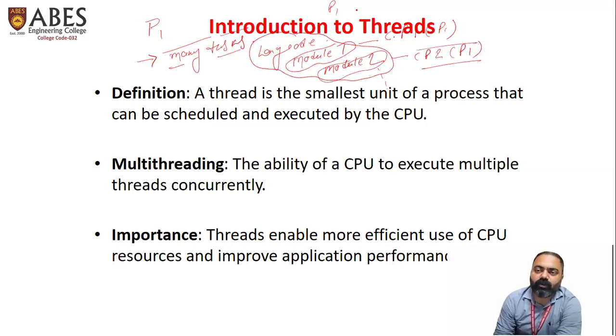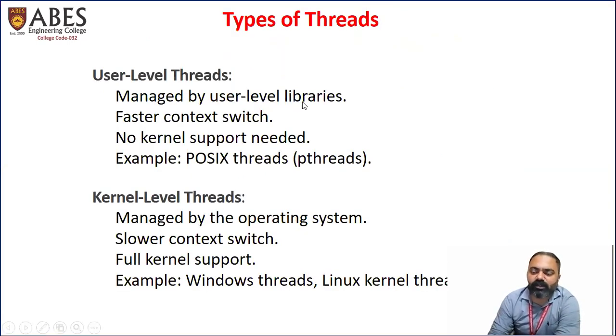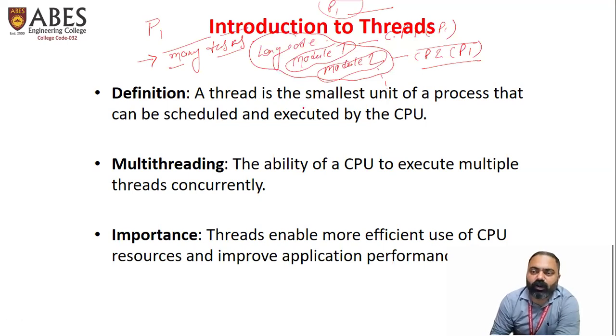Now, threads are lightweight processes. A thread is the smallest unit of a process that can be scheduled and executed by the CPU. What is multi-threading? The ability of a CPU to execute multiple threads concurrently.